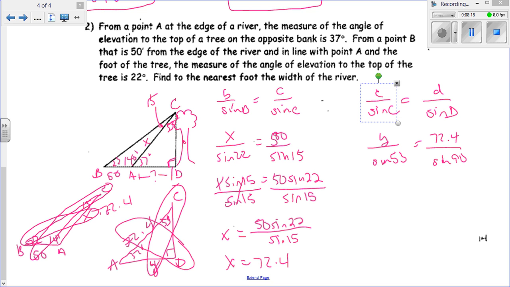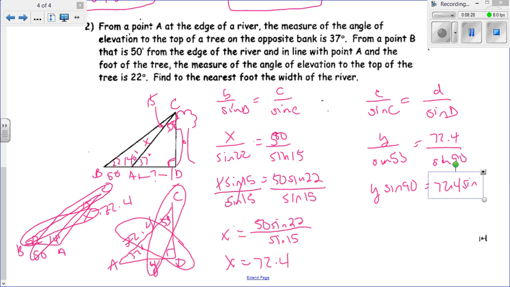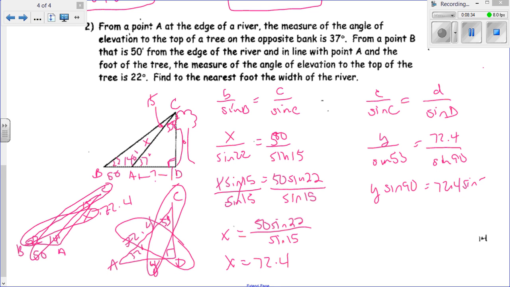Cross multiply, and we'll have Y sine 90 equals 72.4 times the sine of 53. And then divide by the sine of 90.